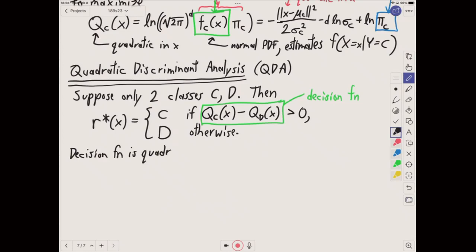That is quadratic in X, the test point, which is what matters. And so the decision boundary, specifically the Bayes decision boundary, because this is the Bayes classifier, is the set of all points where QC minus QD equals 0.